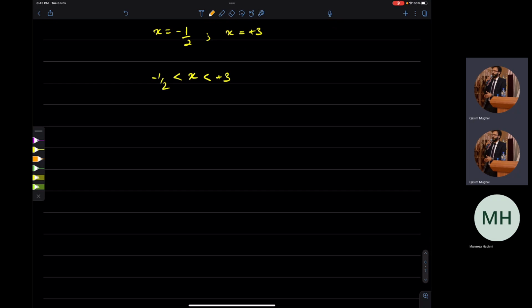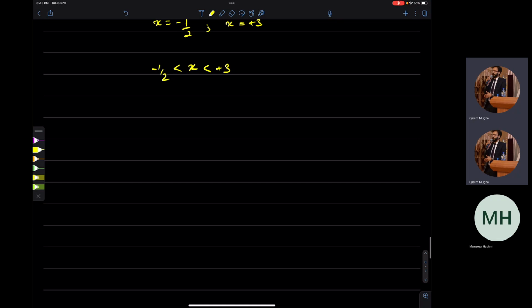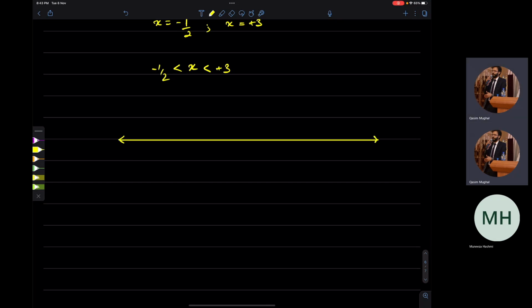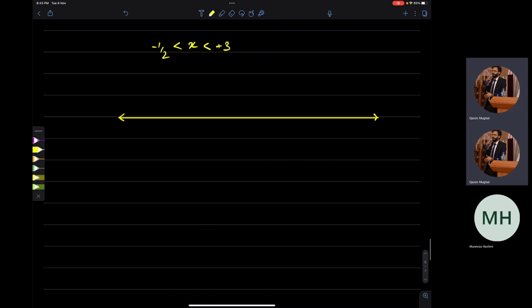In part C, now we need to solve them together. I know how to solve them together. We will be drawing this information on a number line. In part A, what did we get? x is less than 2 by 3, so 0 point something.